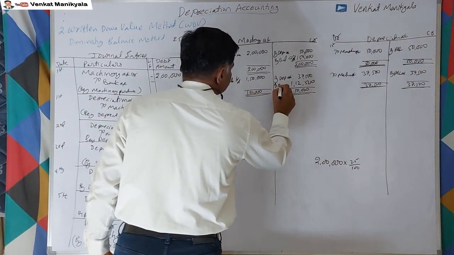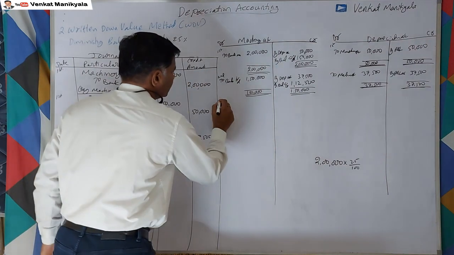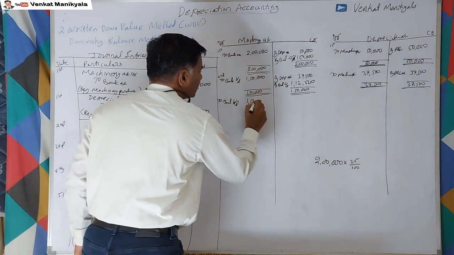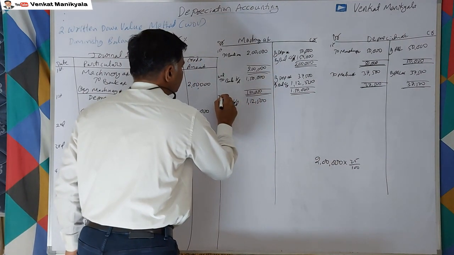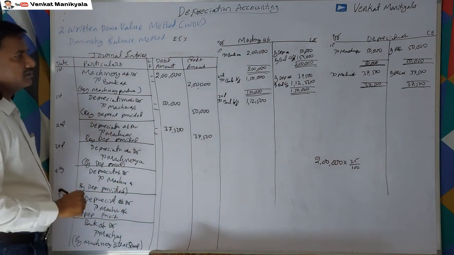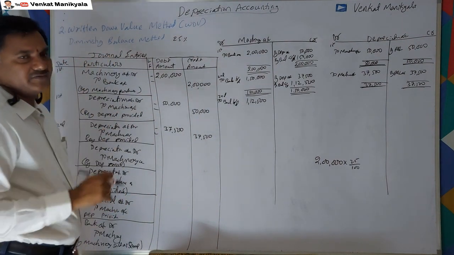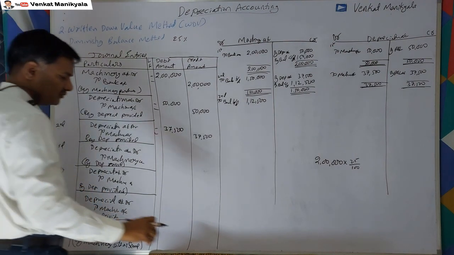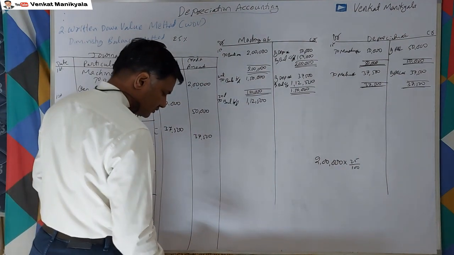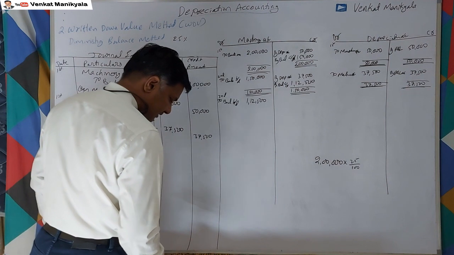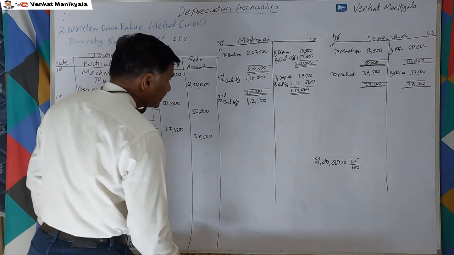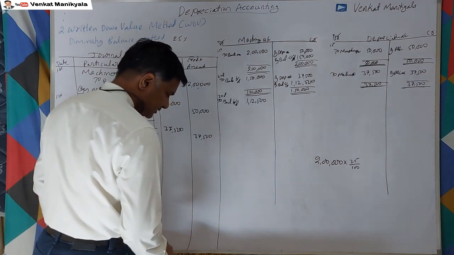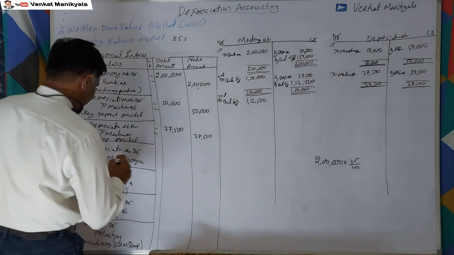By balance carried down, and balance brought down 1,12,500. This is for the third year. On the third year, again we provide depreciation account to machinery account. We calculate depreciation on 1,12,500 into 25%, which gives an amount of 28,125.